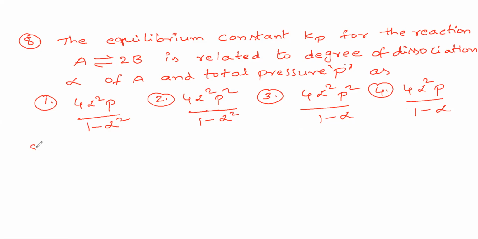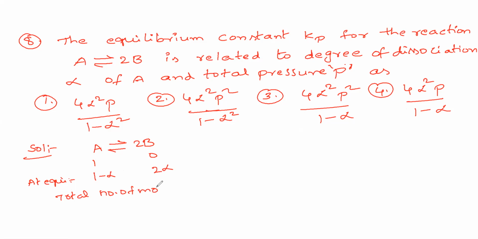For this solution, you can see here carefully. Consider the reaction A gives rise to 2B. Initially this is 1 mole and this is 0. At equilibrium, it starts dissociating, so A becomes 1 minus alpha and B becomes 2 alpha. Why are we finding the total number of moles?